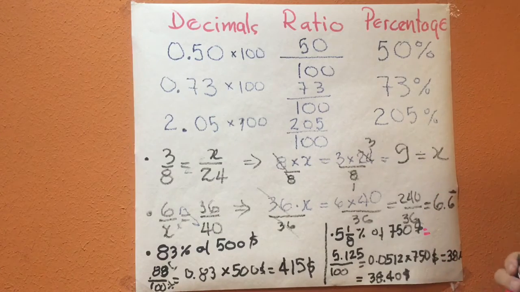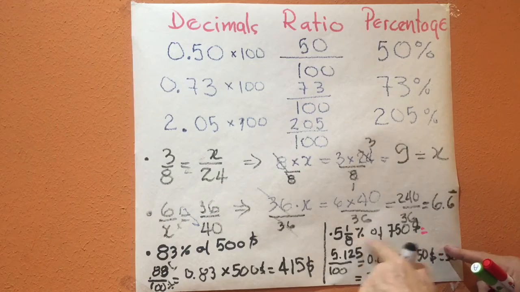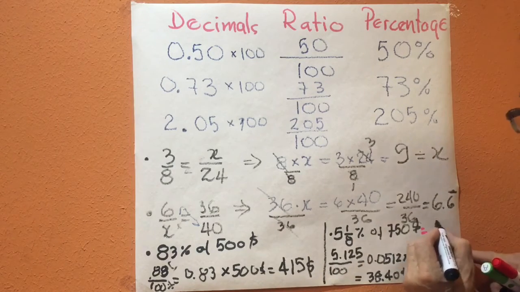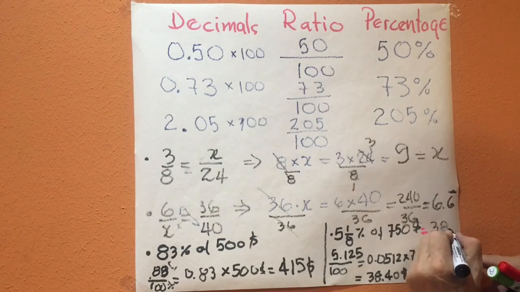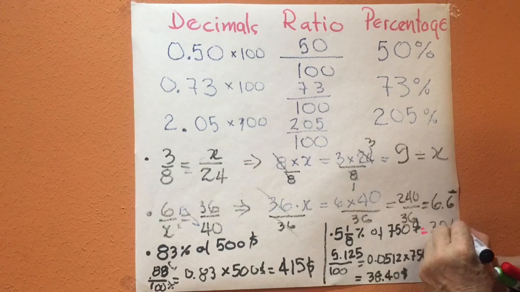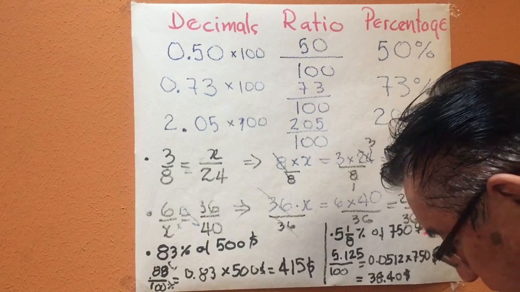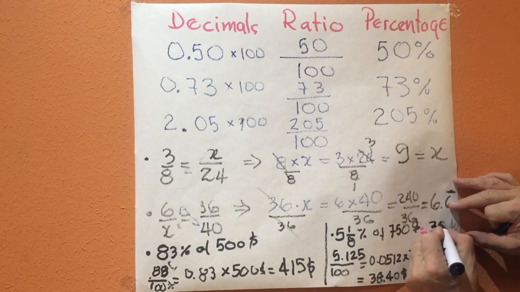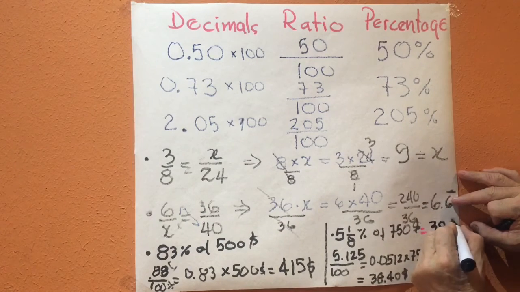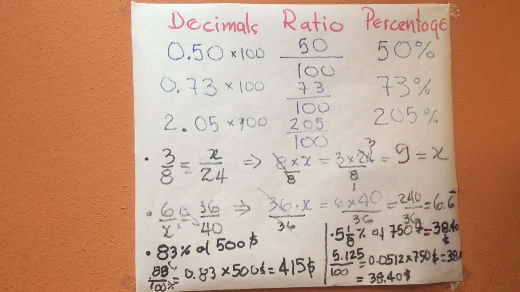So 5/8% of 750 is equal to $38.40. All right? Sorry, my marker is dying. I will repeat it here. $38.40. Okay, so this is the way you can solve all these questions.